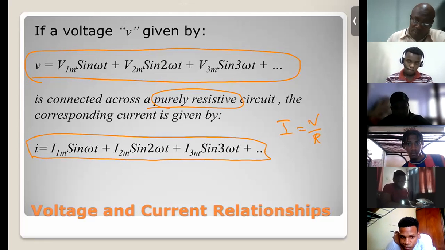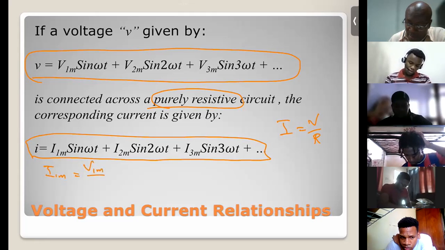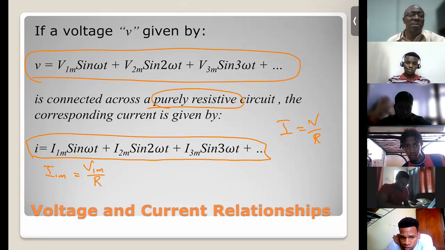So I1M is going to be equal to V1M over the resistance. The resistance is not going to change.